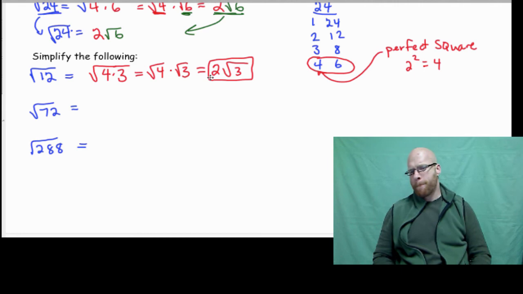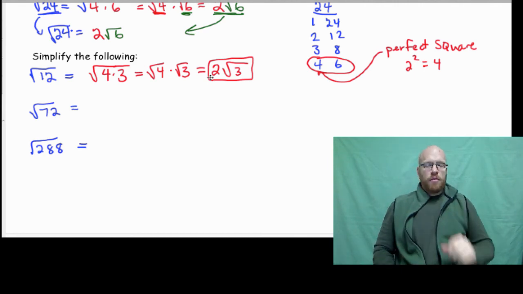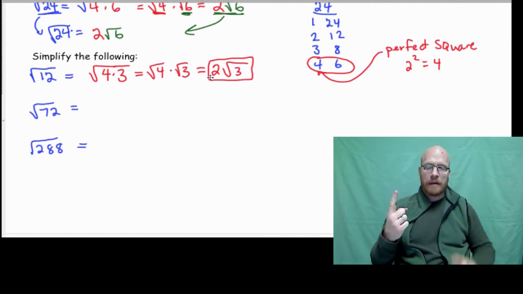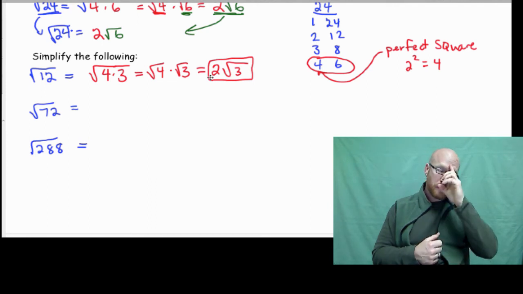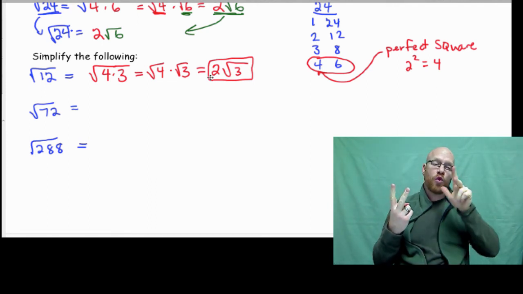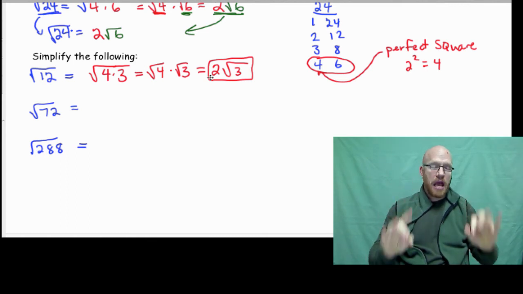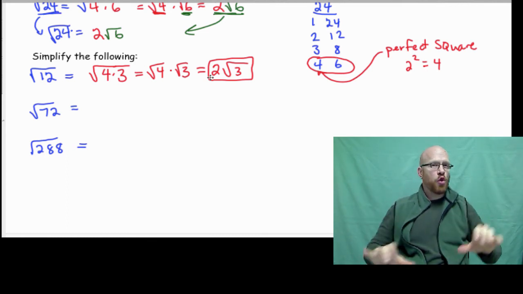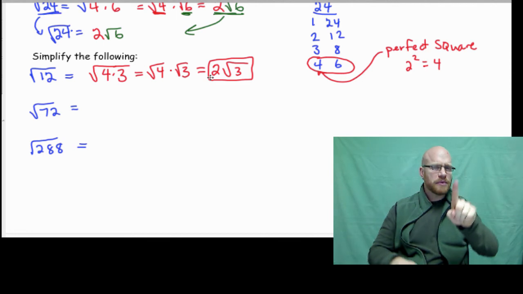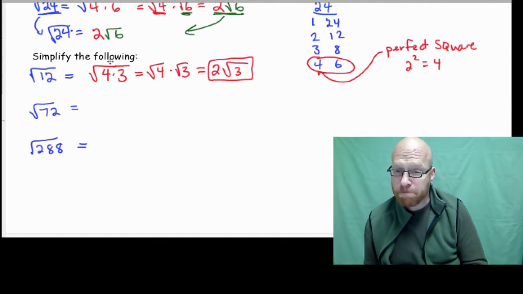Now let's look at 72. There are several factor pairs for this one. 1 and 72, 2 and 36, 8 and 9. I could do 8 and 9. Let's try that and see what happens.